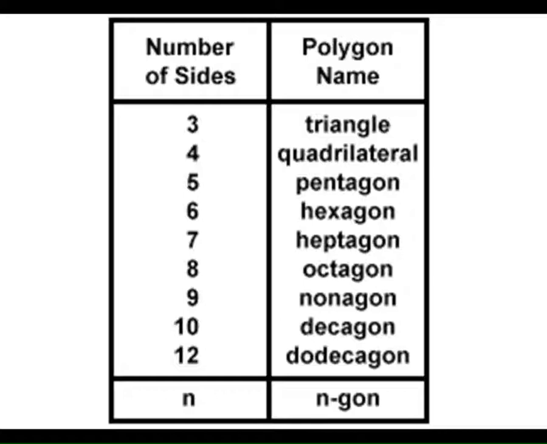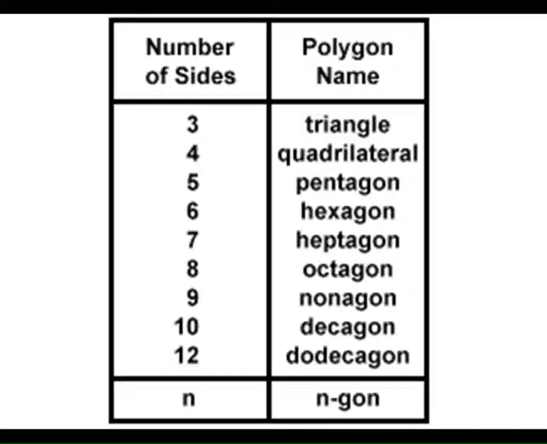Now, how we name polygons is by their number of sides. Okay? And we have specific names for polygons with 3 to 10 sides and then 12 sides. We know a 3-sided polygon is a triangle, a 4-sided figure is a quadrilateral, 5 is pentagon, 6 is hexagon, 7 heptagon, 8 is octagon, 9 nonagon, 10 decagon, and 12 is dodecagon.